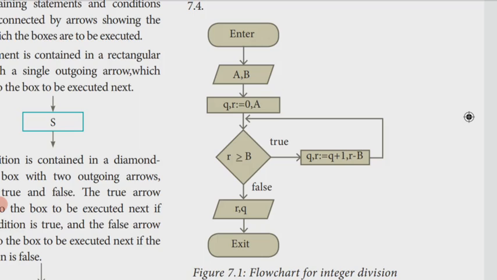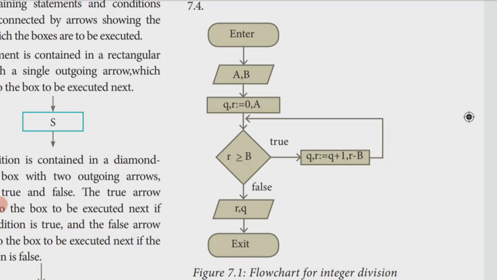And then the remainder value should be greater than or equal to B, so that only then can we divide. The quotient is 0 and the remainder is A. First, when the remainder is greater than or equal to B, if it is true, then again you check the condition and do the process, that is, we can divide: Q, R becomes Q plus 1, R minus B, like that.